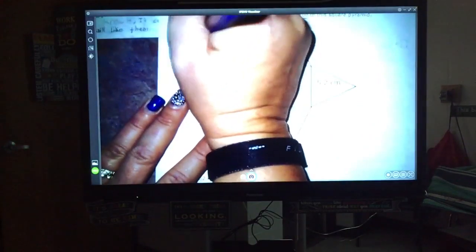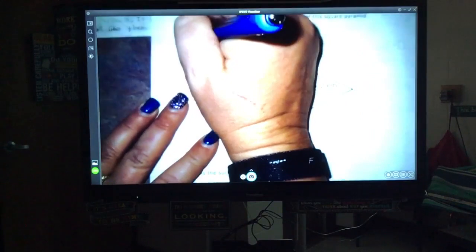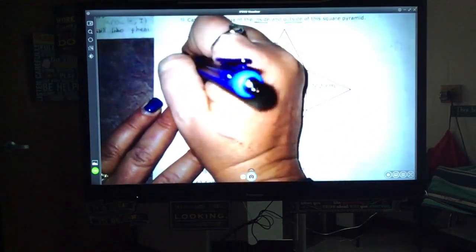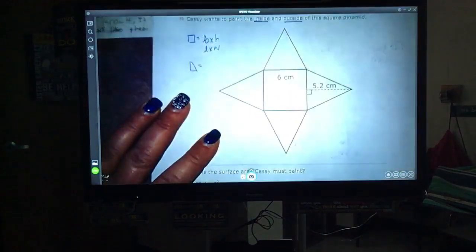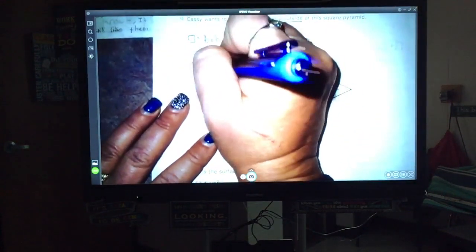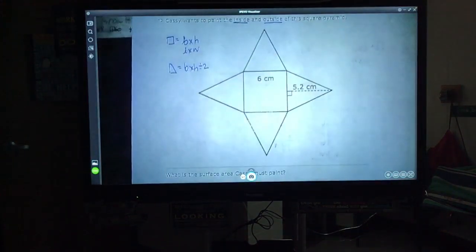What's my formula for a square? Aiden? All right, and then what is my formula for a triangle? All right. Which one do we want to start with? The square or the triangles? You tell me.